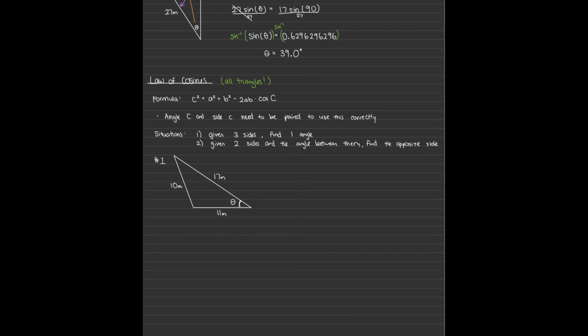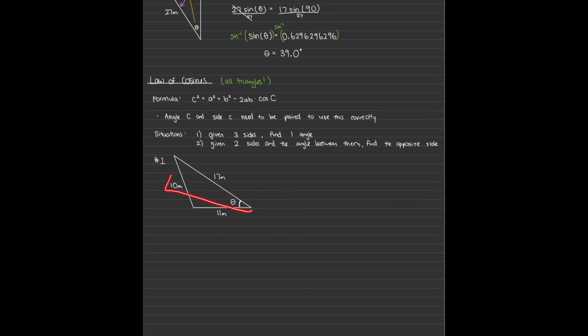So with law of sines, the one we just did, it did not matter so much which one you labeled your A, B, and C. With law of cosines, it does. And so it's all based on this important fact: angle C and side c need to be paired to use this correctly. So I've got 3 different sides and only one angle. Look for the one side angle pair that you've got.